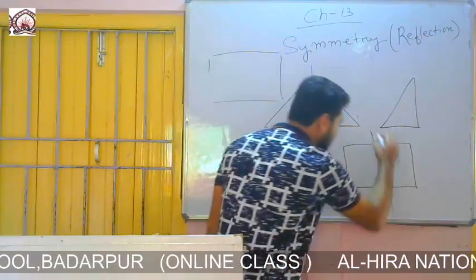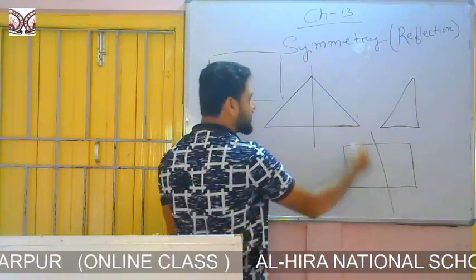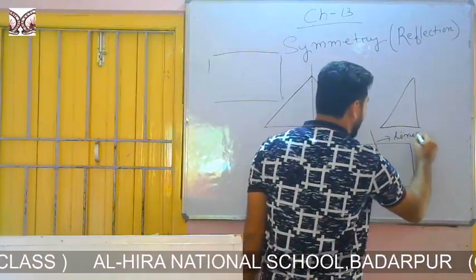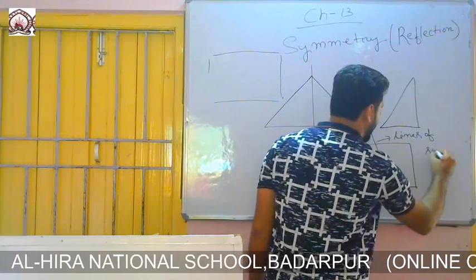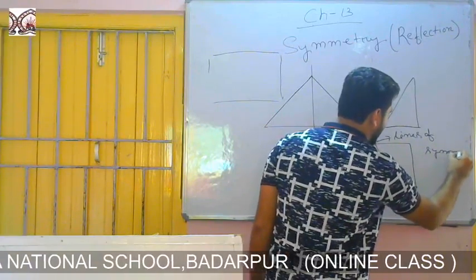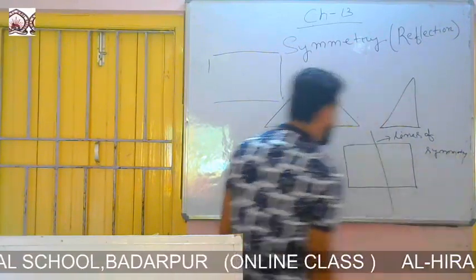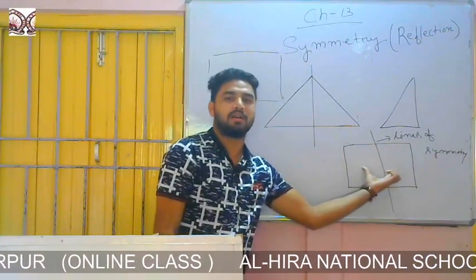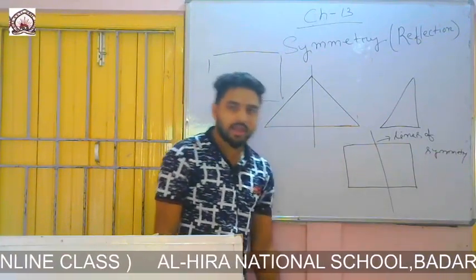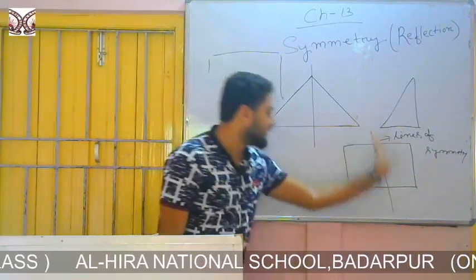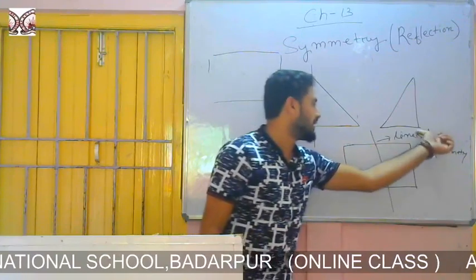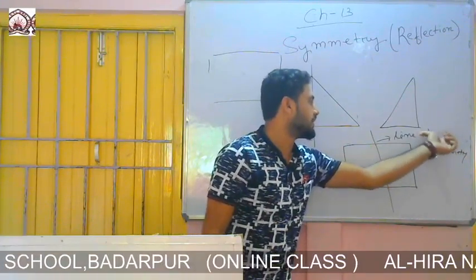This straight line is called the line of symmetry, that means the line which divides the shape into two equal parts.